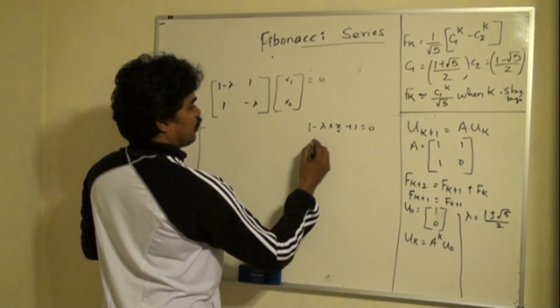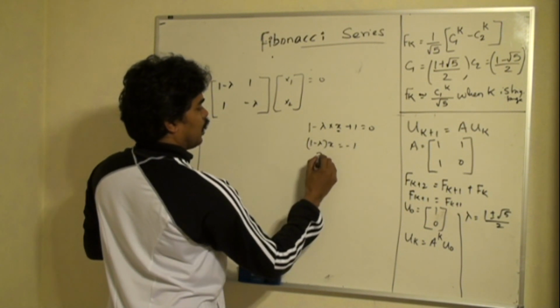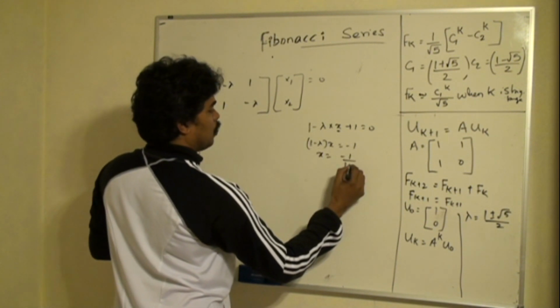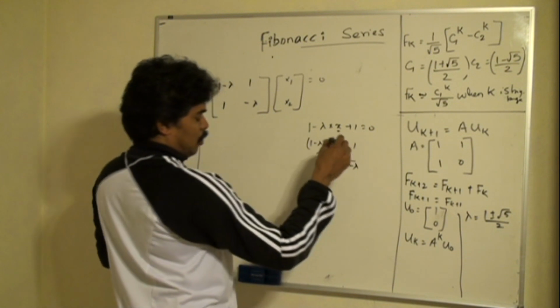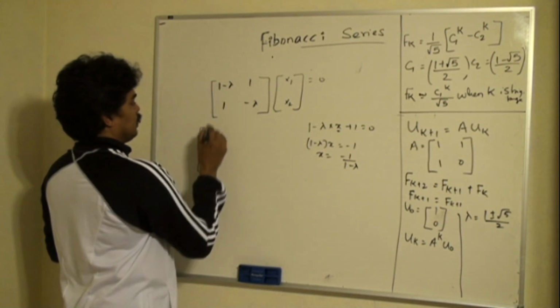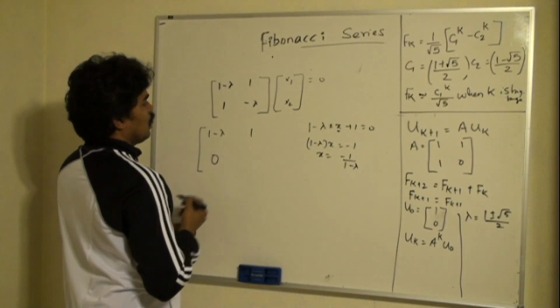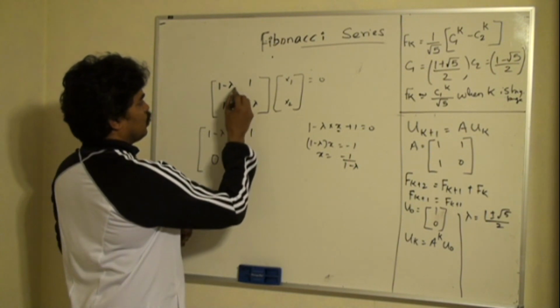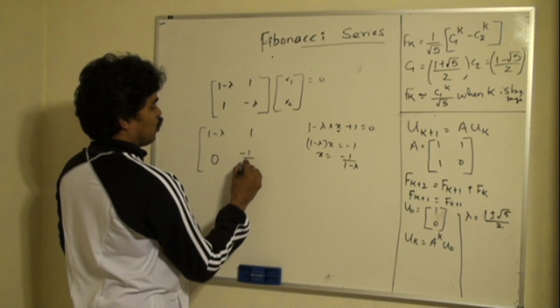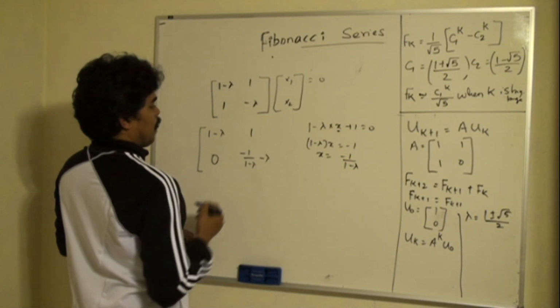So we have to find what is x. 1 minus lambda times x equal to minus 1, so x is equal to minus 1 divided by 1 minus lambda. If you multiply that, this element is going to be 0. Here you want to do the same thing, minus 1 minus lambda, then you add this here, right?